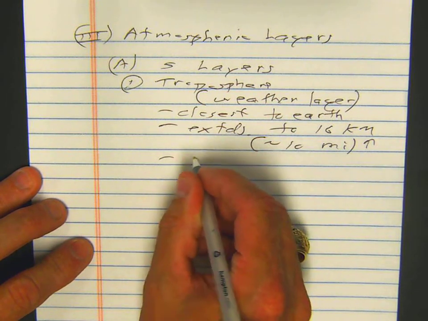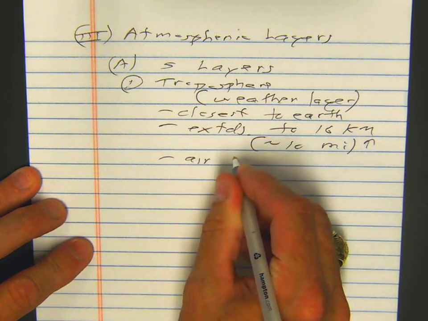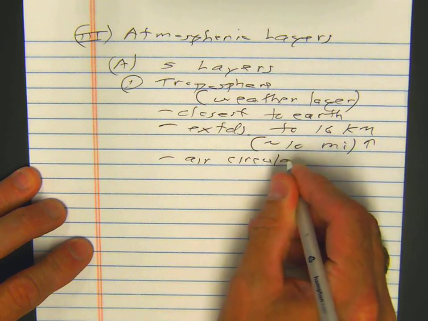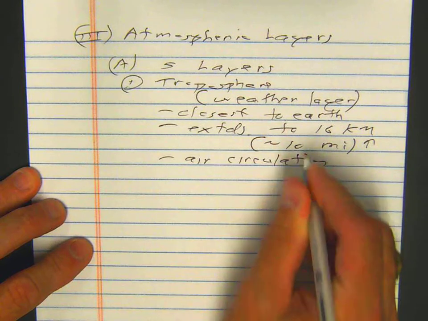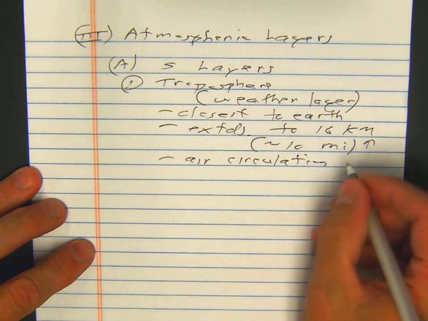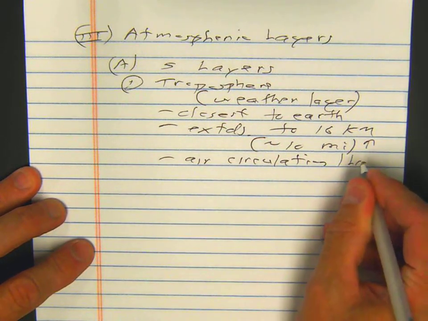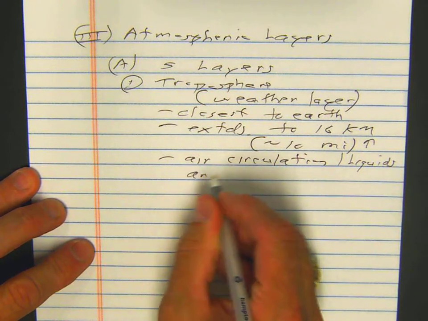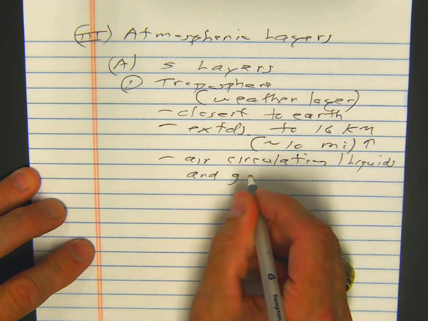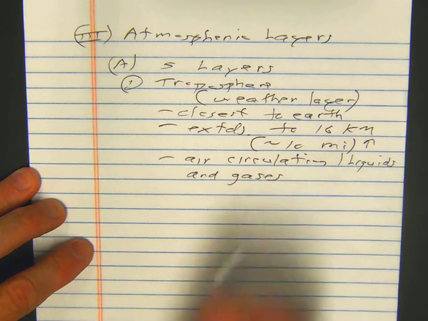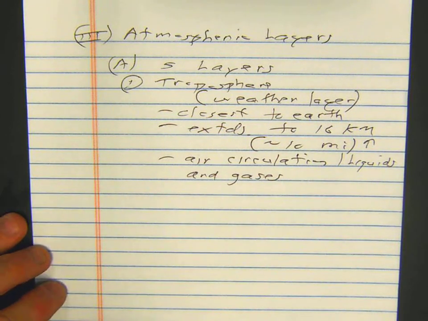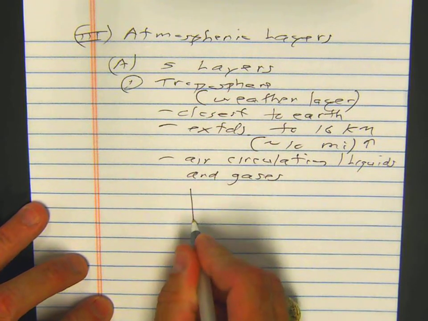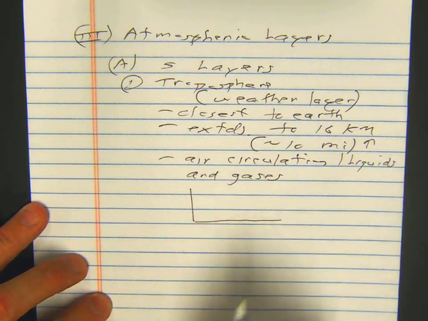There is lots of air circulation in this particular layer, and liquids and gases get mixed pretty extensively. The other key characteristic here is the relationship between altitude and temperature.